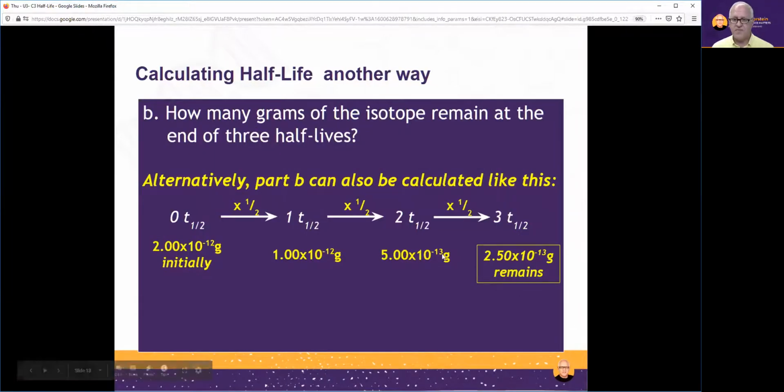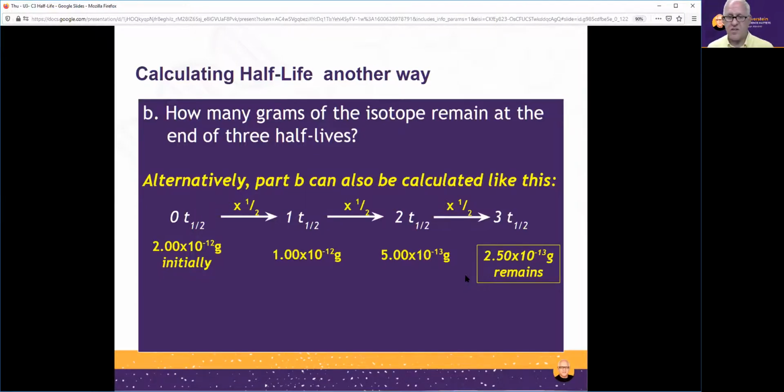Another way it can be calculated is this way. We start off with 2 times 10 to the negative 12 grams initially, times a half, which brings it down to now 1 times 10 to the negative 12, times a half, which becomes 5 times 10 to the negative 13, times a half again, and we end up with 2.5 times 10 to the negative 13 grams remaining.